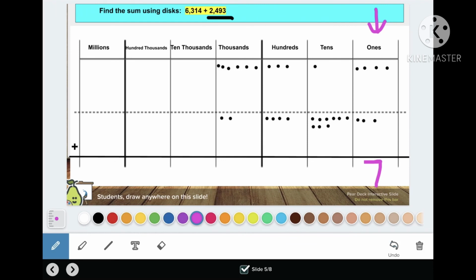So let's count my group of 10. 1, 2, 3, 4, 5, 6, 7, 8, 9, 10. Gonna go ahead and bundle that. Draw my arrow. And how many discs am I putting on top of this arrow?